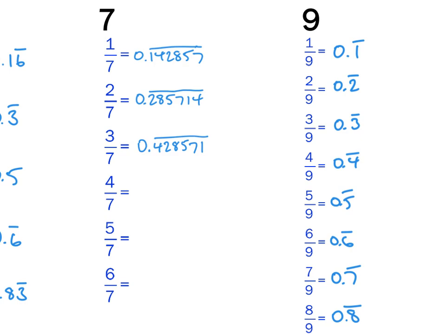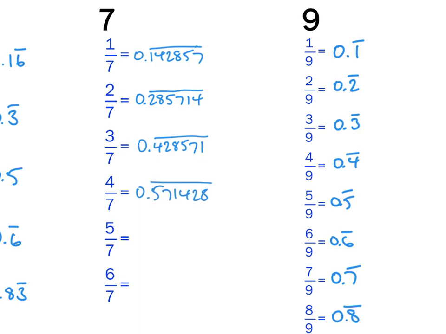Because if it's just a little bit less than half, it starts with the 4. Now, 4 out of 7 is just a little bit more than half. Which of those numbers would be just a little bit more than a half? 0.7. I love the guess. It's actually 5 though.